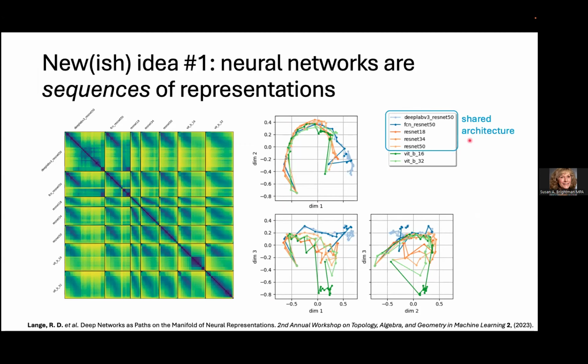And the models that I chose to plot here are somewhat interesting because the first bunch have a shared architecture, and the second bunch have a shared task. So the first ones I've marked up here, the blue models and the orange models, they all involve a ResNet architecture as part of their backbone. And the ones in purple down here, we're comparing ResNets to vision transformers. And what's interesting about these is that they're trained on the same task, but have very different architectures.